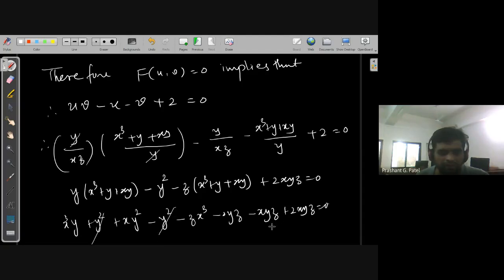So finally we are left with x cube y, xy square, plus xyz and this term. Those are the terms we have here, and that is your final answer. So this is the final required surface we got.